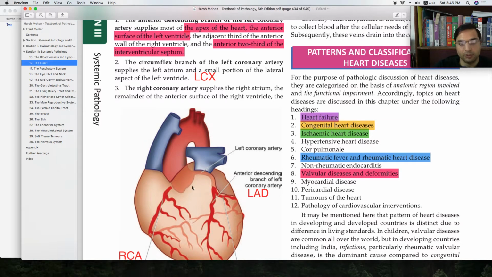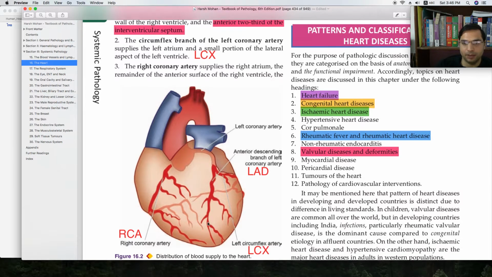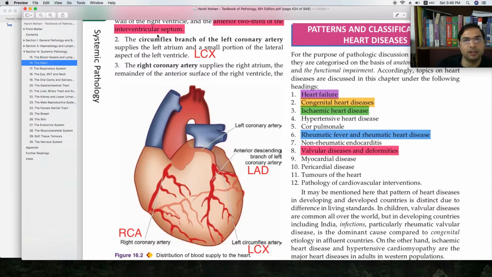Now the surface you are seeing in this photograph is the anterior surface, and behind it is the posterior surface which we cannot see. So it is supplying the anterior surface of the left ventricle. This is the left ventricle. And then it is also supplying the anterior two-thirds of the interventricular septum, right? In fact, it is written wrong here. It is not the atrioventricular septum, it is the interventricular septum.